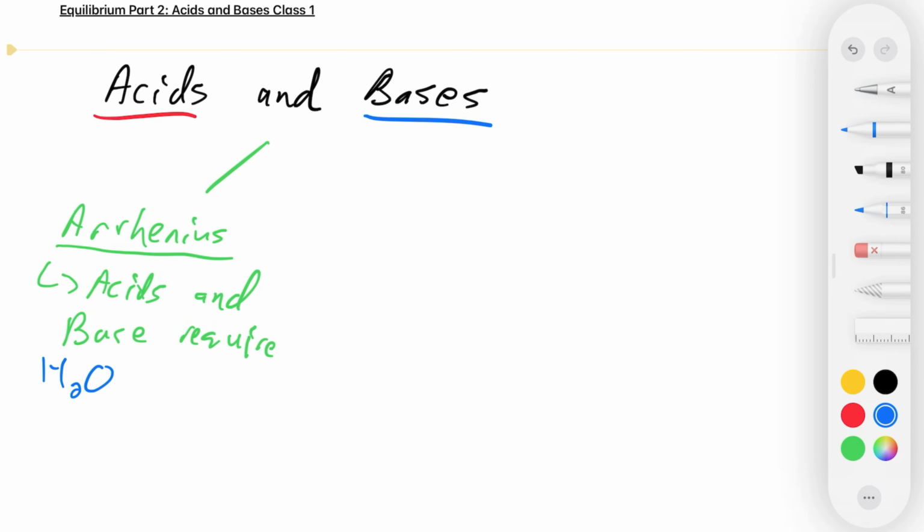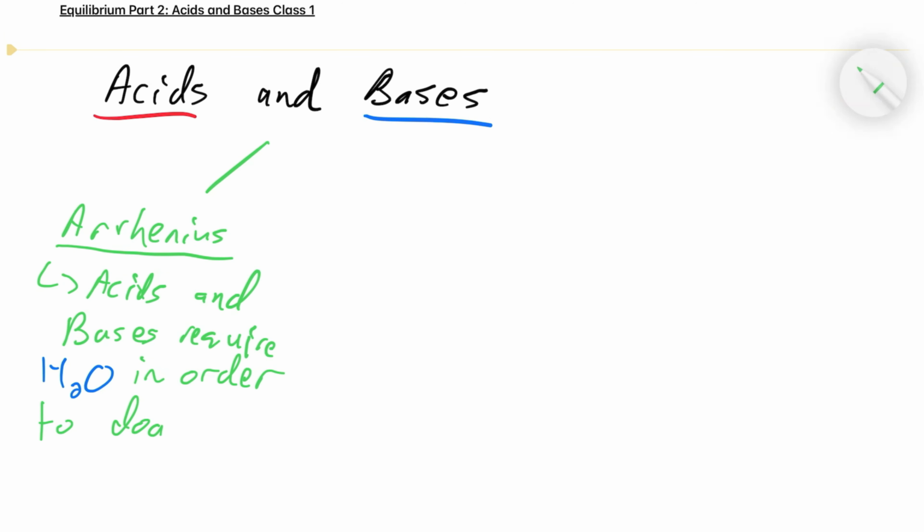Okay, I'm going to make this a little bit more visible here. Sorry. So acids and bases require H2O in order to donate or accept their protons.